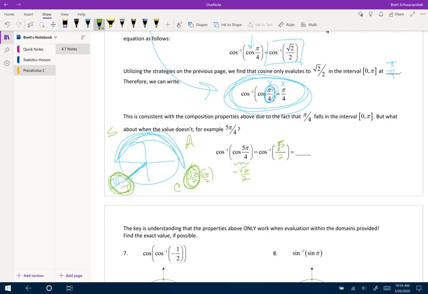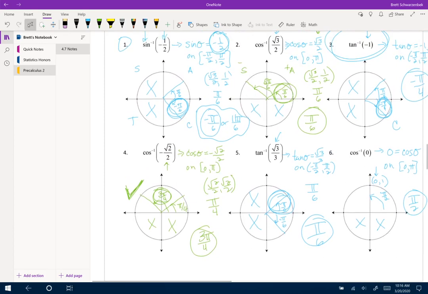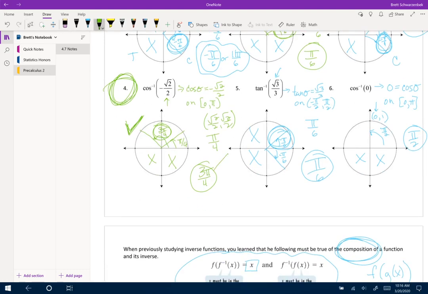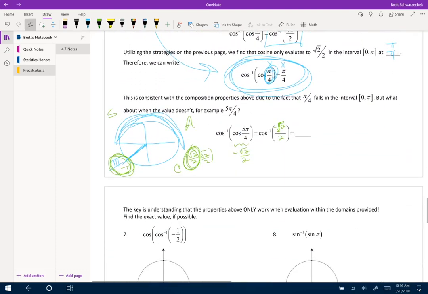We now have to find the cosine inverse of negative root 2 over 2. If you look at number 4, we already did that. The cosine inverse of negative root 2 over 2 ended up being 3 pi over 4. So if we go back to this, we get 3 pi over 4 as a result.